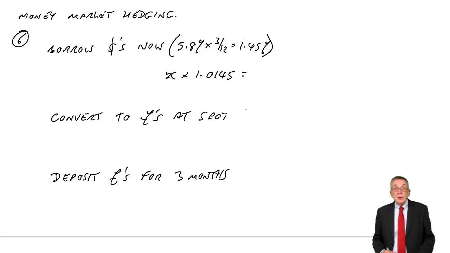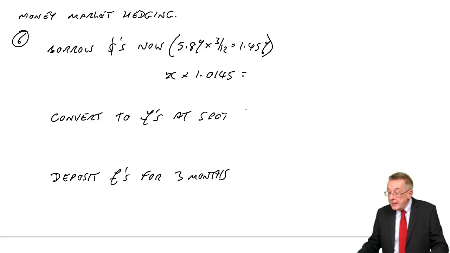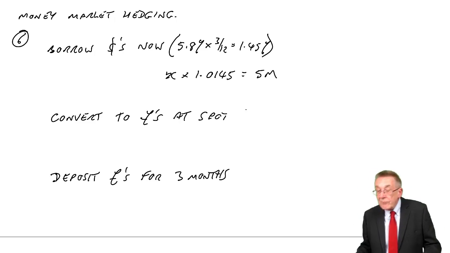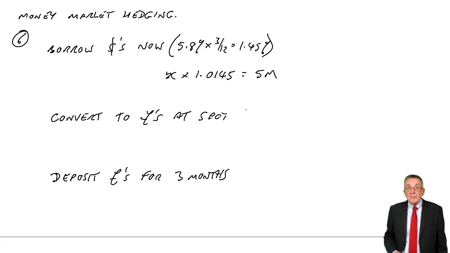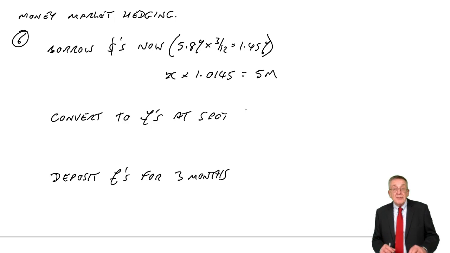And I want to make sure that the 5 million we receive will exactly repay that borrowing. So I'll borrow a bit less than 5 million.